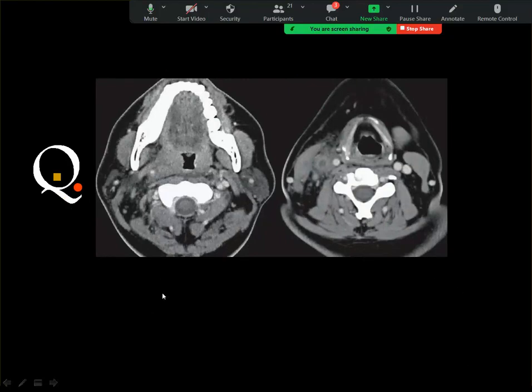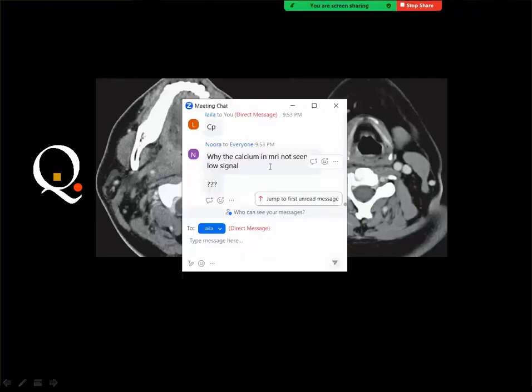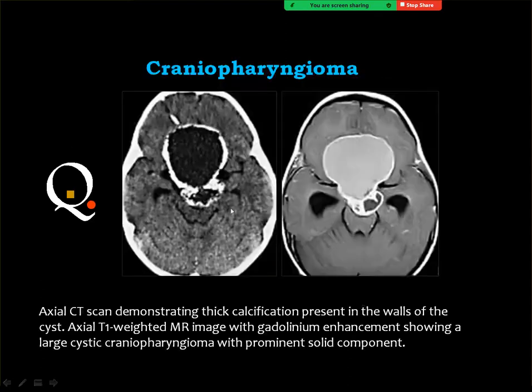Okay, this is a CT scan of the maxillofacial area or the salivary gland region. Then after contrast enhancement, why is calcium in MRI not seen? This is a very common situation because you know that MRI is insensitive to calcium, even if it is very dense like this.